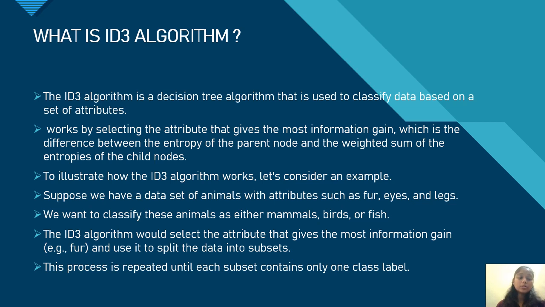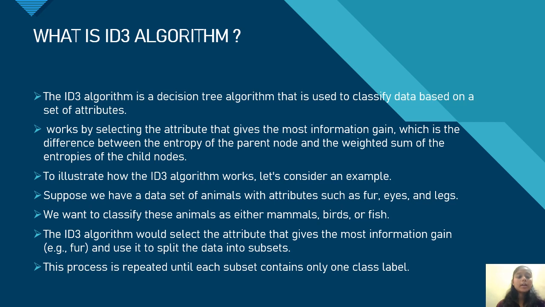The ID3 algorithm would select the attribute that gives the most information gain, that is the fur, and use it to split the data into subsets. This process is repeated until each subset contains only one class label.